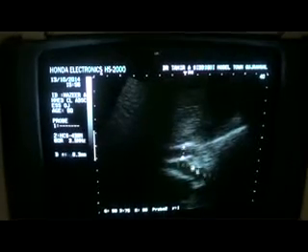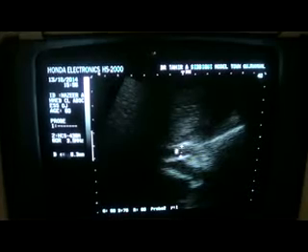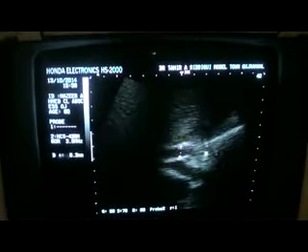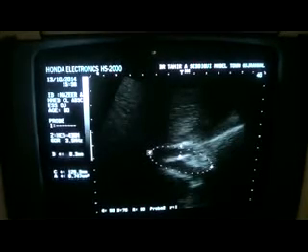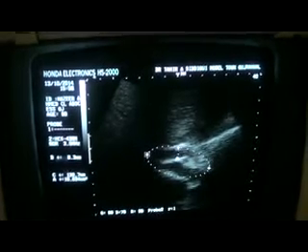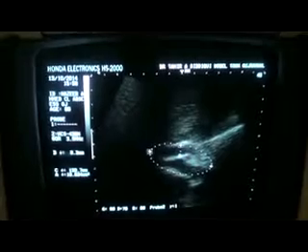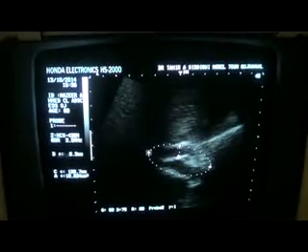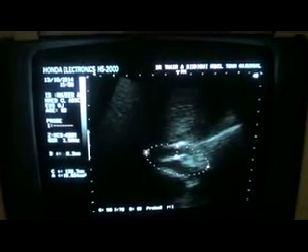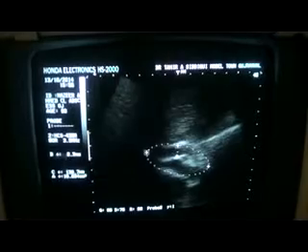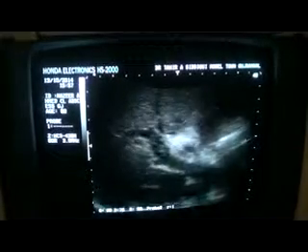Now this is the portal vein again, hepatic artery, common bile duct running anterior to it. This area is that of the porta hepatis. No lymph node is seen in this region, and mild dilation up to 8.3 is seen of the common bile duct, whereas 7 is considered to be normal.